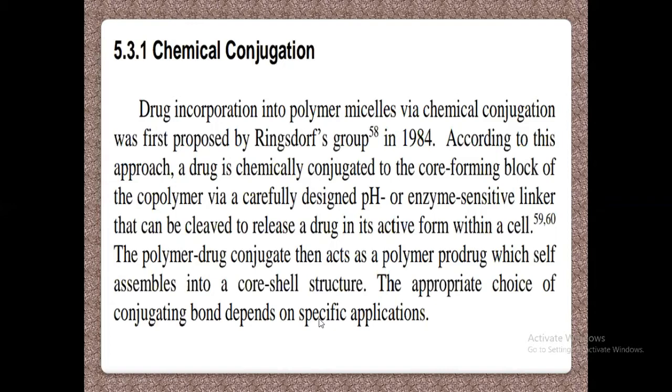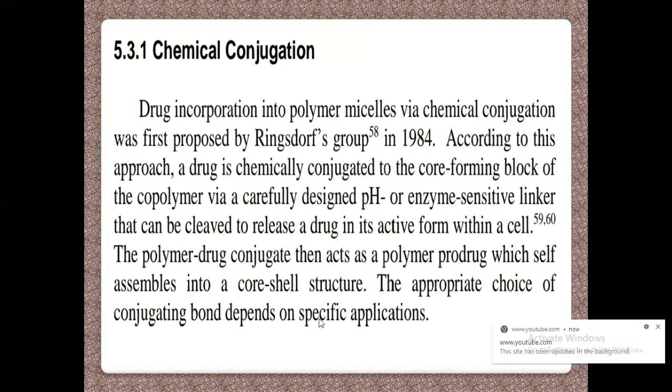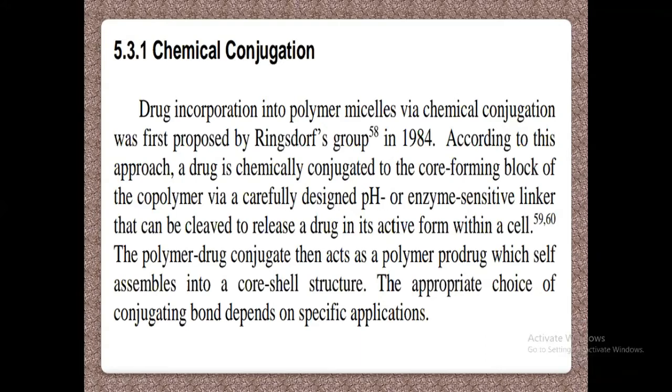This prodrug self assembles into a core shell structure inside the micelles. The appropriate choice of conjugating bond depends on specific applications. That is, which kind of bond is formed, which type of method you are using. Here it is the chemical conjugation method.